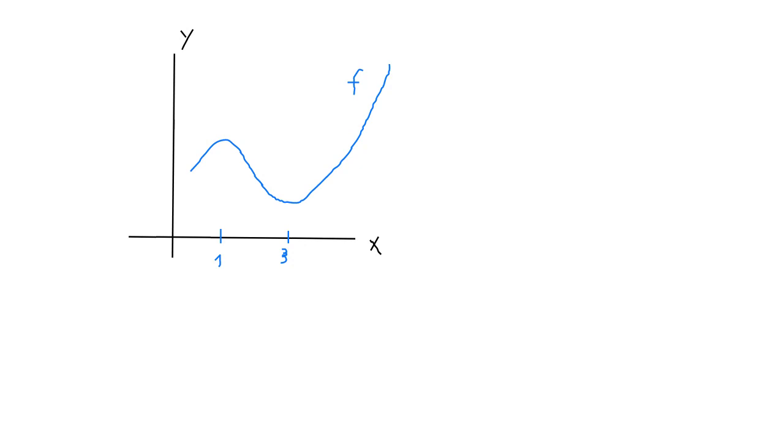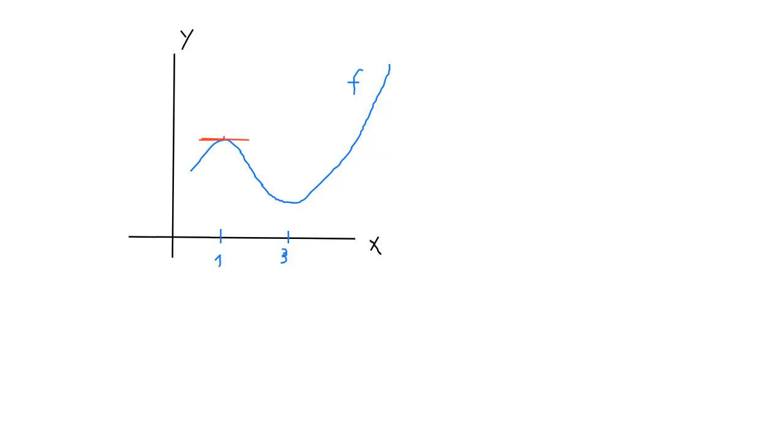Obviously a local max. What you're doing in your mind is seeing the function turning around. I have to be a little bit careful here. The function goes up and then it switches and goes down.